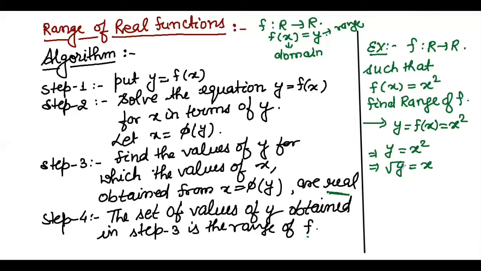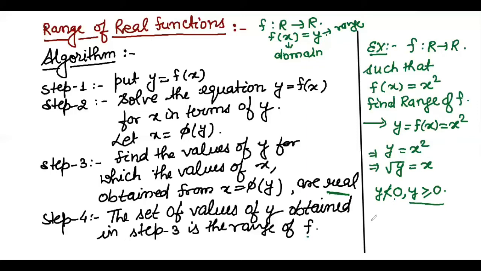So in place of y, we can write all positive values. We can't write y less than 0. So what will be the condition? y greater than or equal to 0, which means all positive values we can take. So that will be the range value.